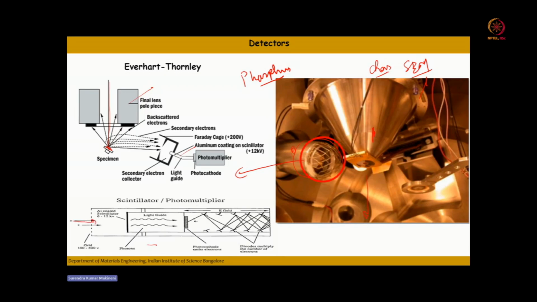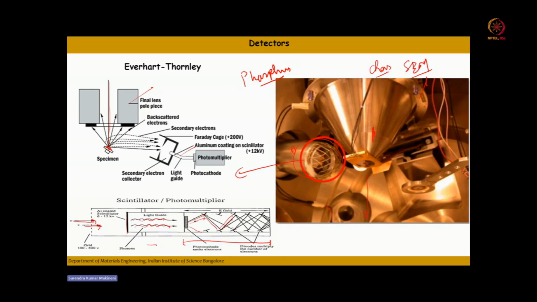The incoming secondary electrons hit the scintillator, which emits light or photons, and this light is passed through a light pipe, or light guide, into a photomultiplier. In this section, the photons are again converted to a pulse of electrons, which is nothing but the amplified version of that light.